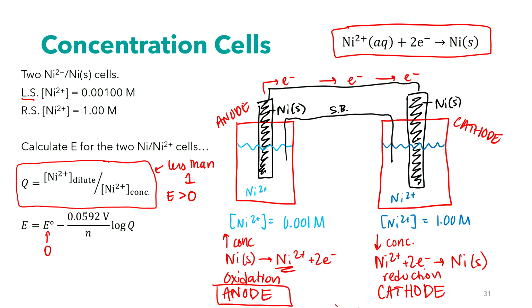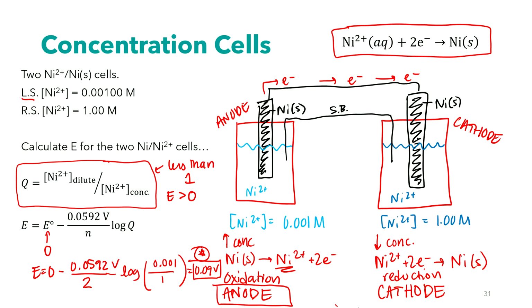So to calculate this, I'm going to have E equals 0 minus 0.0592 divided by 2. I am transferring 2 electrons in my balanced reaction. Then I'm going to have log of my dilute concentration, so that's 0.001 divided by 1. And that equals 0.09 volts. So a small voltage, but a voltage nonetheless.